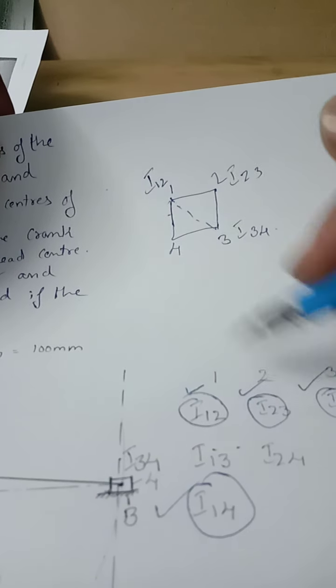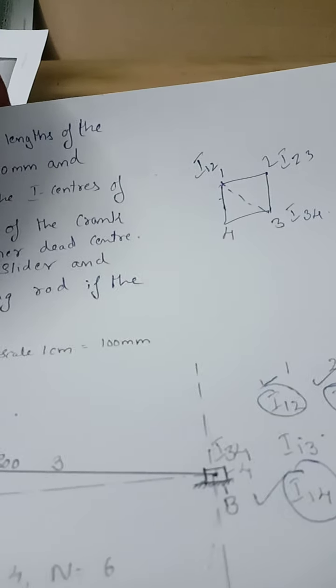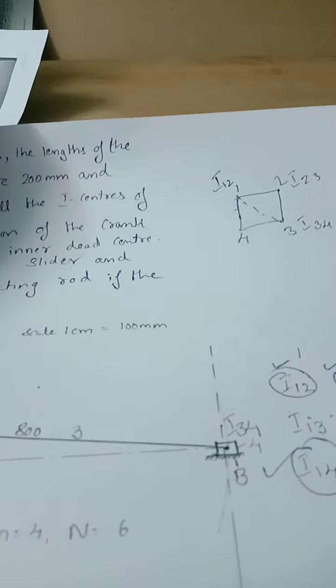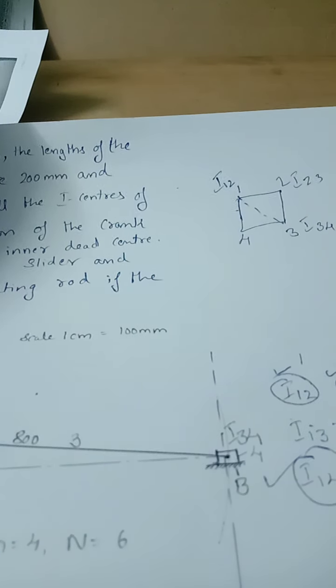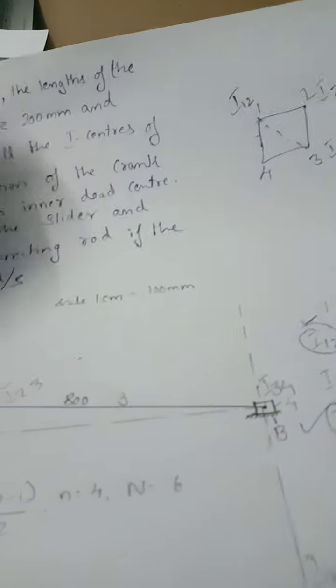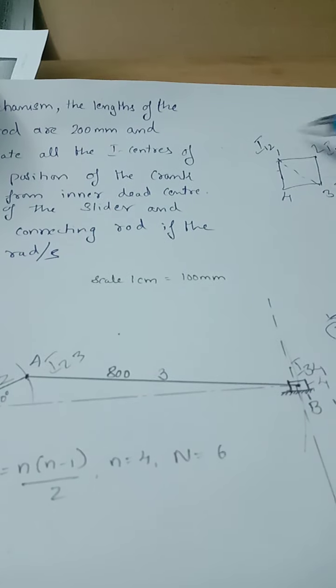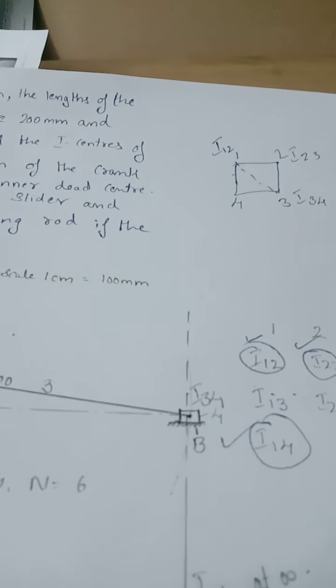Where does I13 have to lie? According to Kennedy's theorem, I13 has to lie on the line joining these three I centers.